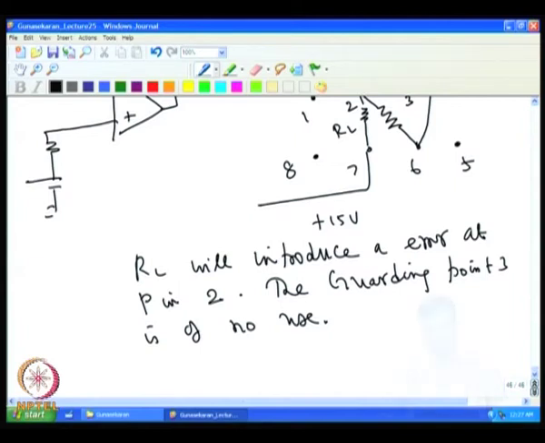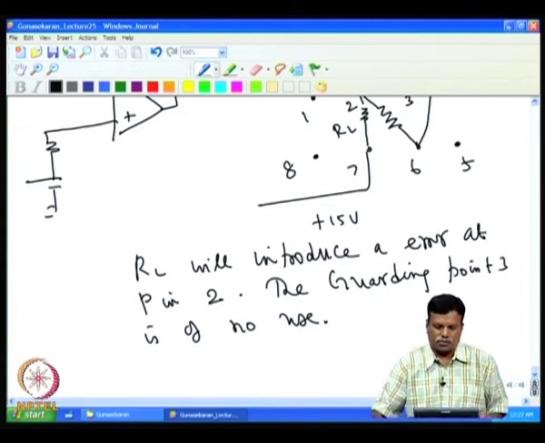So, one has to be careful when using a resistance in the feedback path to reduce the offset current, because the guarding technique reduces the error due to leakage and so on, but if you are using a resistance in the feedback path, then the guarding technique also will not work. So, one has to be aware of this. The bias current, the offset current, or the offset current drift is a major source of worry for a circuit designer, particularly if you are dealing with DC voltage.